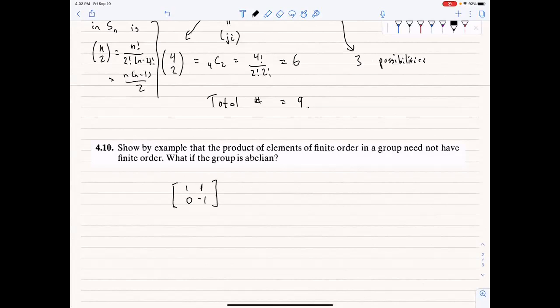Okay, so let's call this X. This is in GL2. Or Z if you want. Now let's see here. Let's try this one.